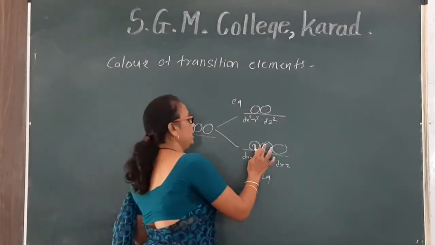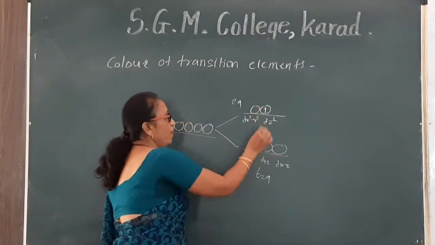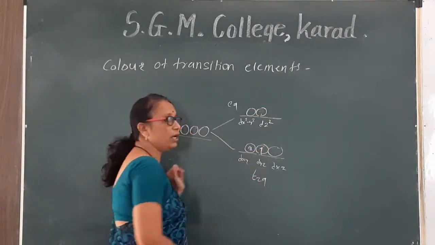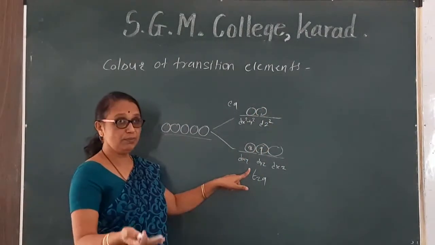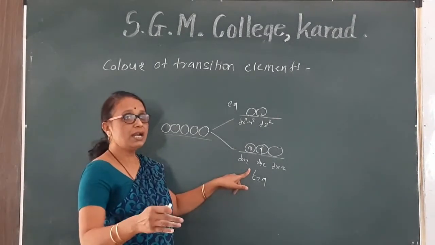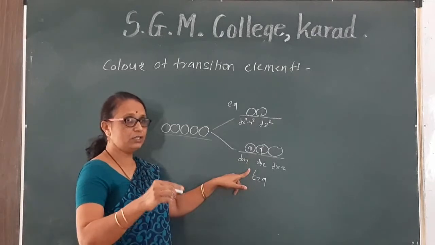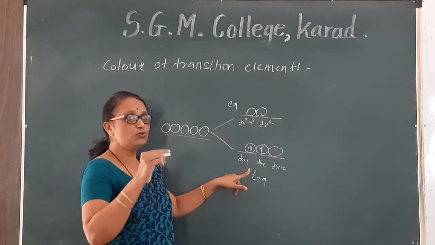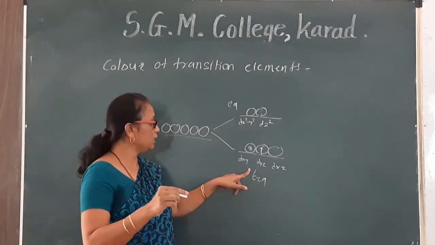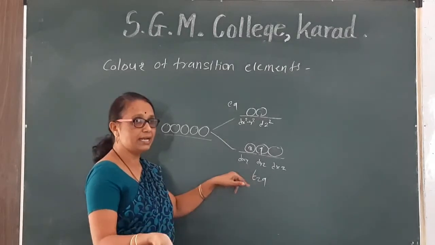And when it comes back again to the lower energy orbital, it emits radiation of particular wavelength, and the color of that complex compound, in solution form or solid, is due to that emitted light.